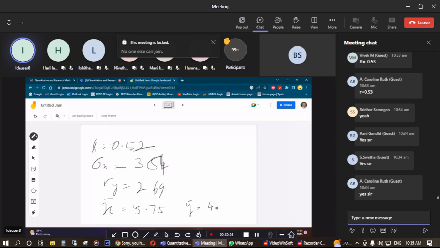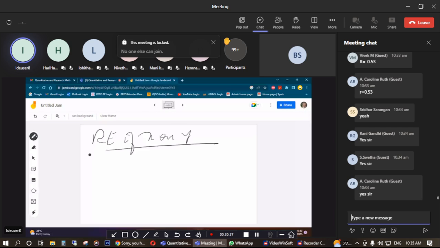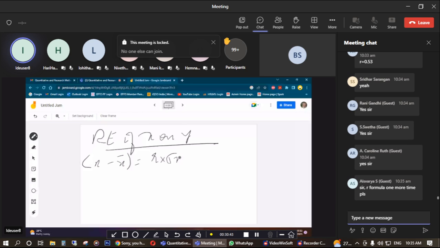Now you have to just substitute into the regression equation of x on y. So what do you do? X minus x bar is equal to r into sigma x by sigma y into y minus y bar. X bar is 5.75.